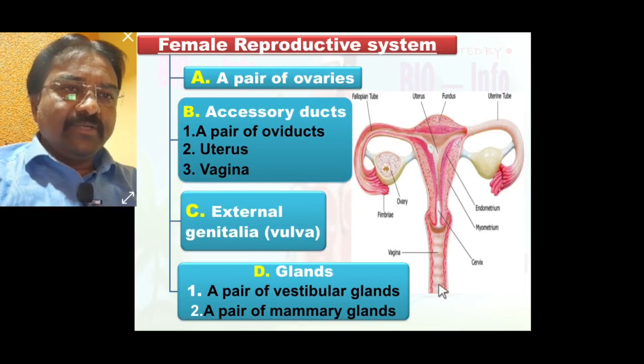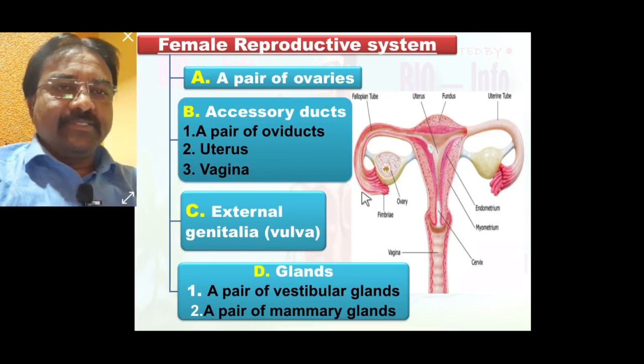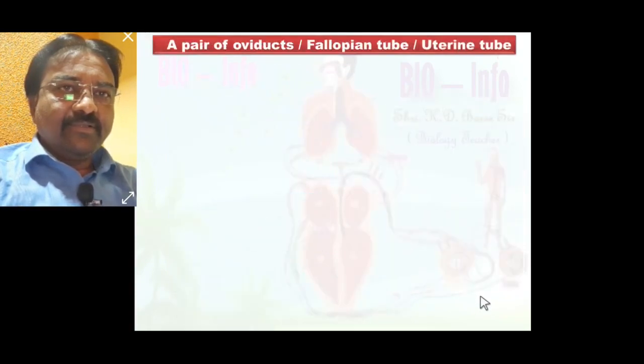So let us start. Accessory ducts of the female reproductive system. In that, first, a pair of oviducts. So we discuss the pair of oviducts. You know that the oviduct is also called the fallopian tube or uterine tube.